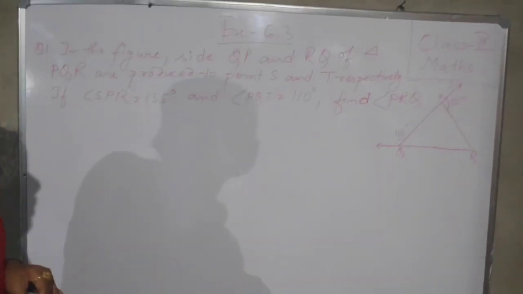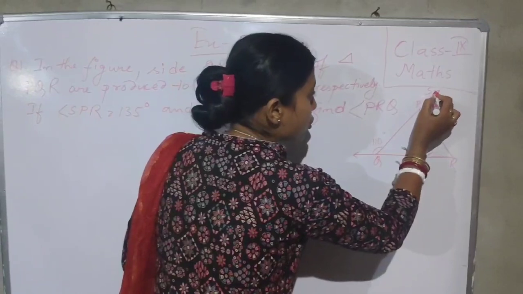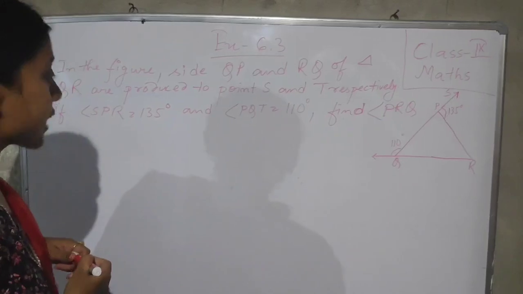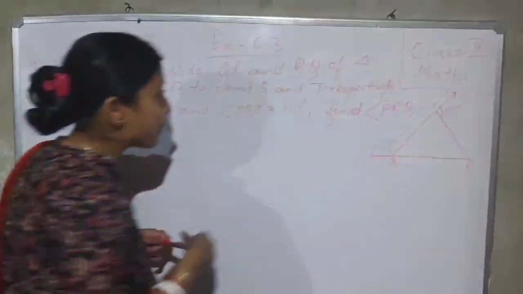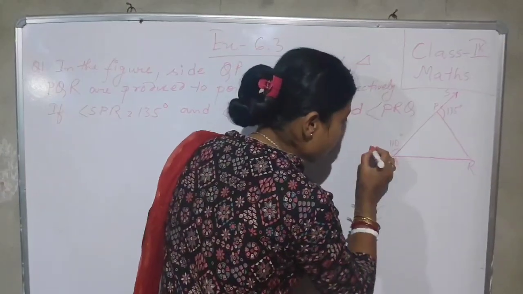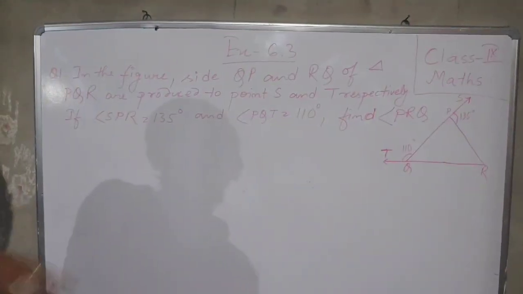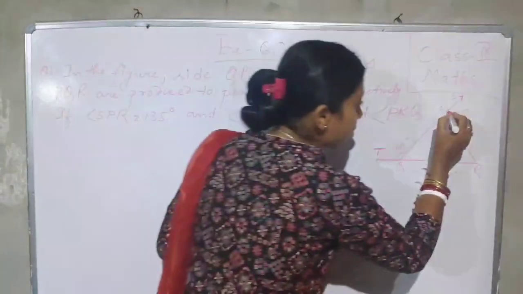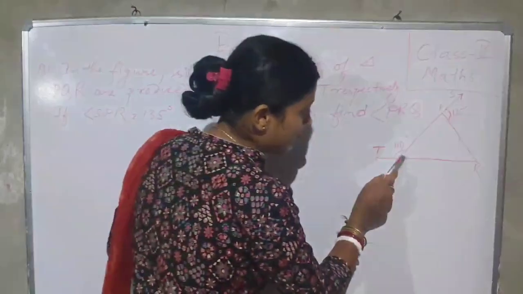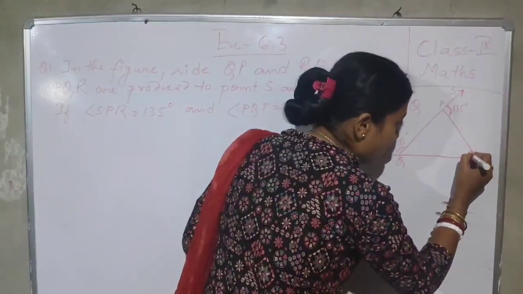In the figure, side QP is produced to S, and RQ is produced to point T. Angle SPR is given as 135 degrees, and angle PQT is given as 110 degrees.